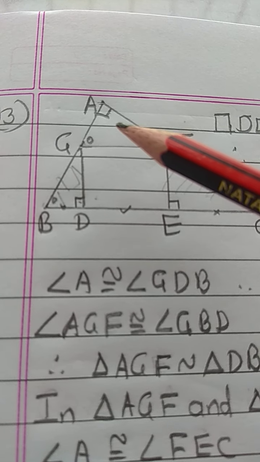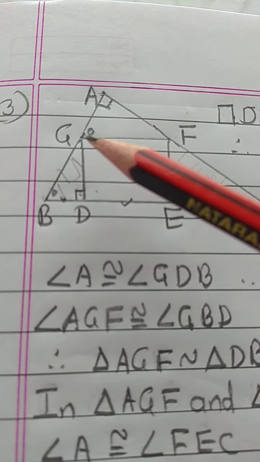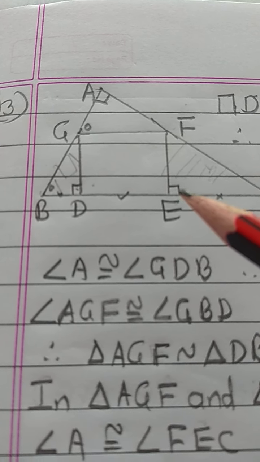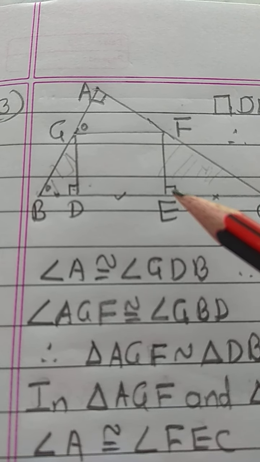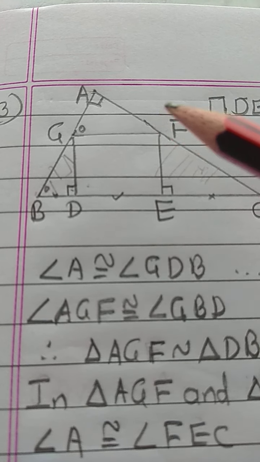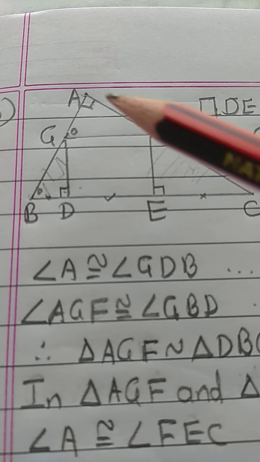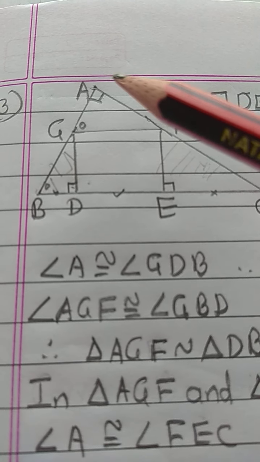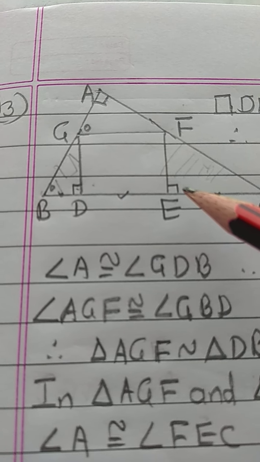Similarly, in triangle AGF, in place of A now we will write this angle E, in place of F we have to write angle C, and in place of the remaining G we will write angle F. These two angles will be congruent because they are 90 degrees.